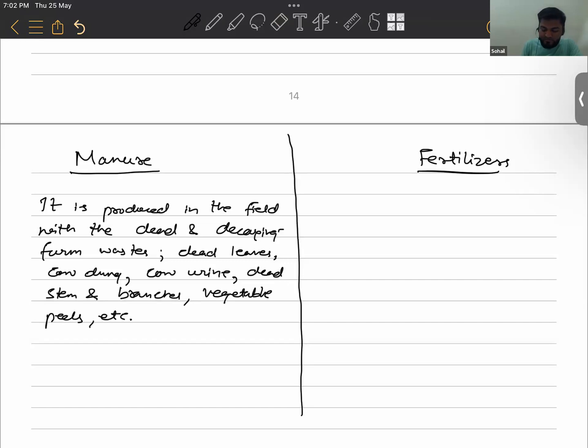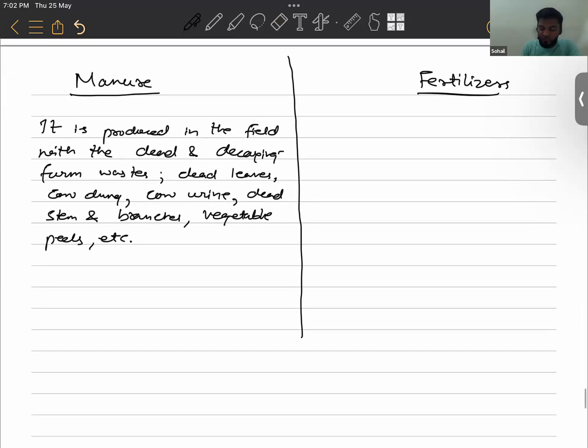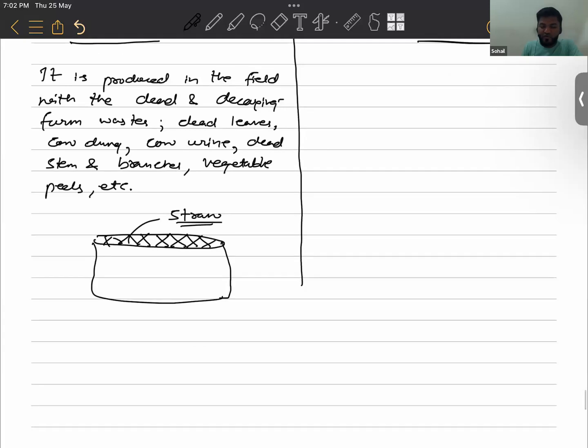So what we basically do, we dig a very big pit into the ground and we pour all these waste into it and we cover it with straw. Straw, you know what is a straw? So we cover it with straw and leave it for a period of approximately 1 month.